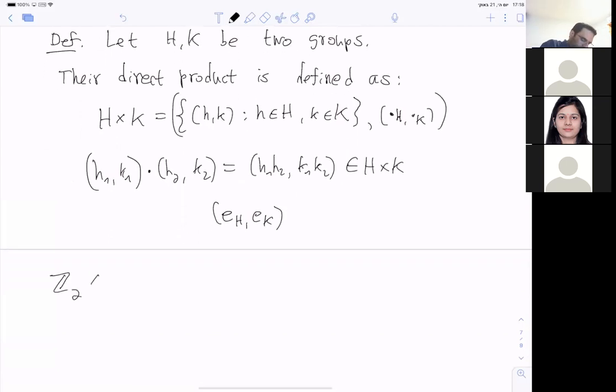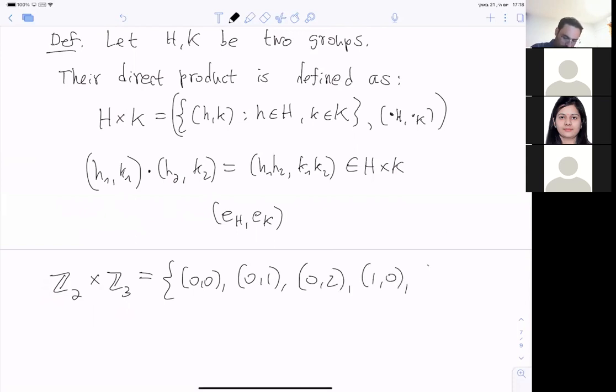Z2 direct product with Z3. How many elements do you have here now? The answer is 6. They are (0,0), (0,1), (0,2), (1,0), (1,1), and (1,2).